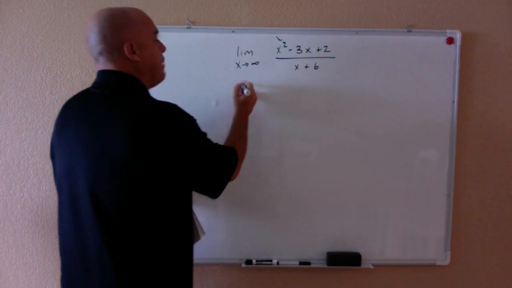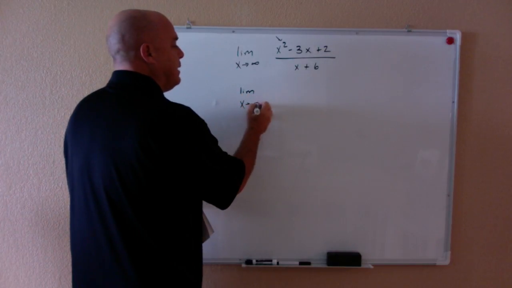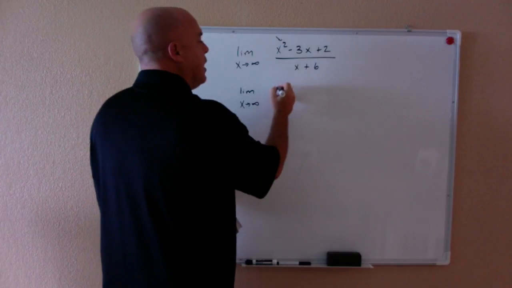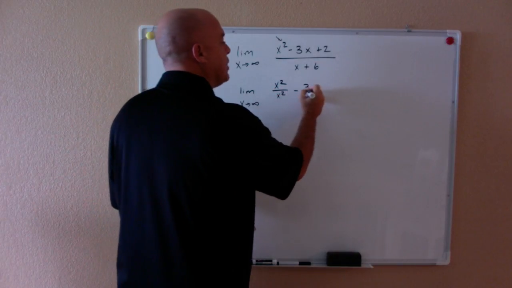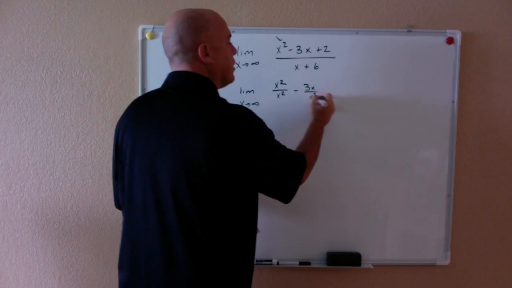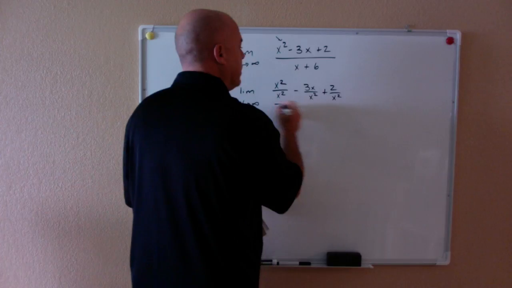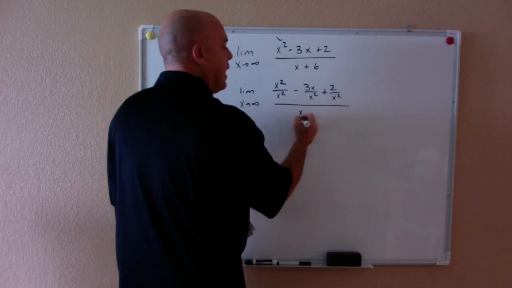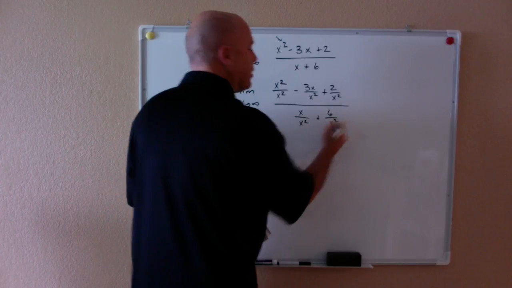And when I do that, I get the limit as x tends to infinity of x squared over x squared minus 3x over x squared plus 2 over x squared, divided by x over x squared plus 6 over x squared.